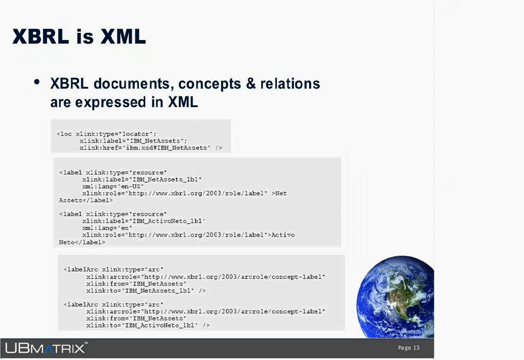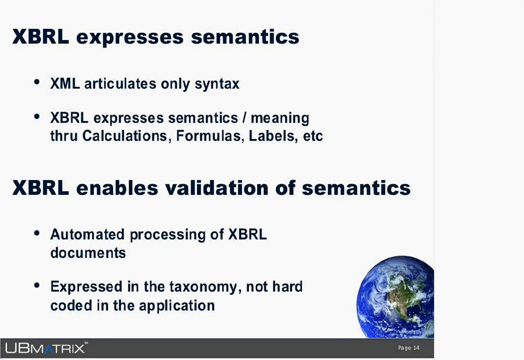What XBRL does is express semantic meaning. XML only articulates syntax. XML schema constrains the syntax, but it does not express semantics. So XBRL's fundamental goal was to express business meaning, the semantics.